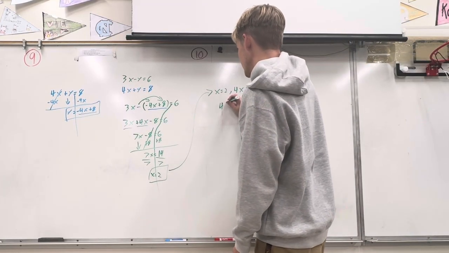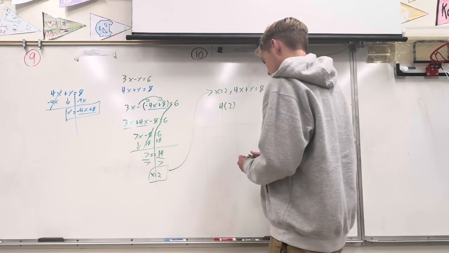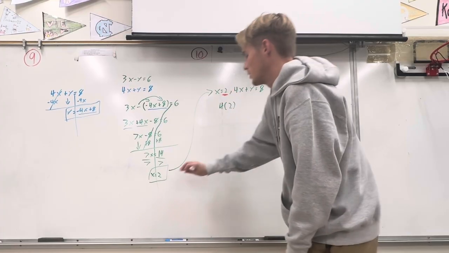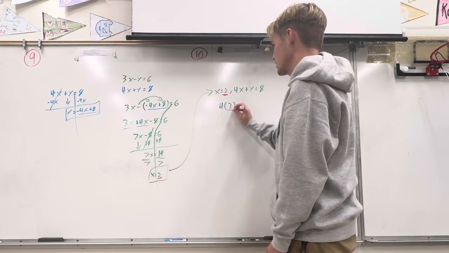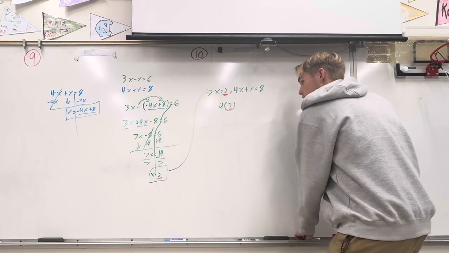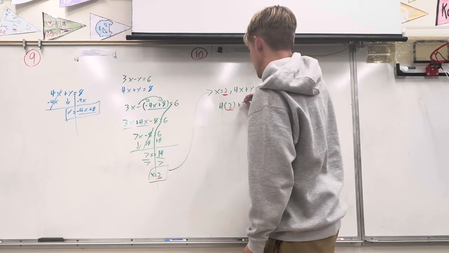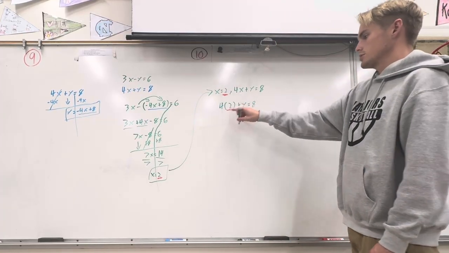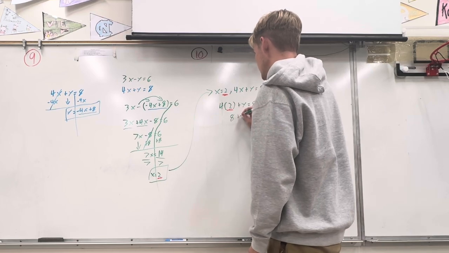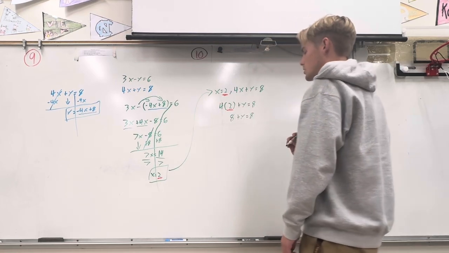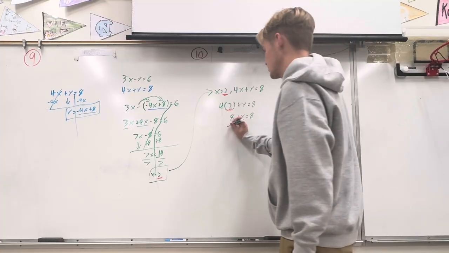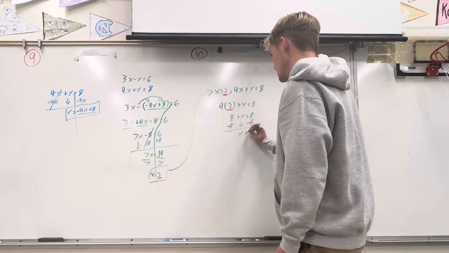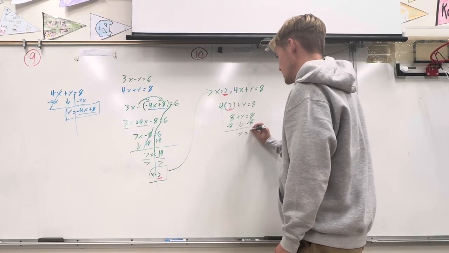So this really equals 4 times 2 plus y equals positive 8. We multiply 4 and 2. That tells us 8 plus y equals 8. We're trying to get y by itself, so we subtract 8 from both sides. We get y equals, these cancel, we get y equals 0.